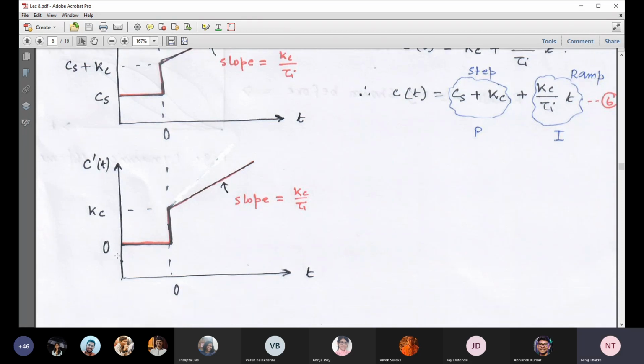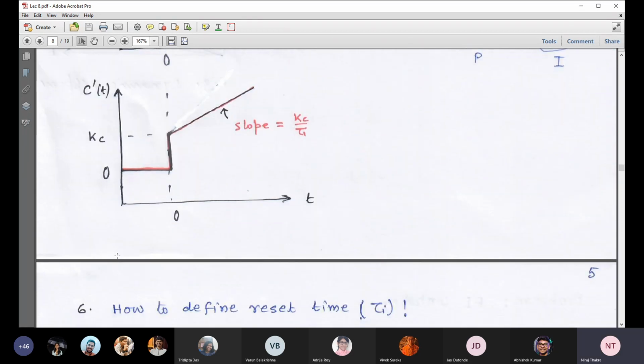No. Okay. Now come to the next point. How to define the reset time tau I. See, I have already clearly detailed the proportional gain Kc. We have talked about CS bias signal, but we did not explain this tau I in detail.